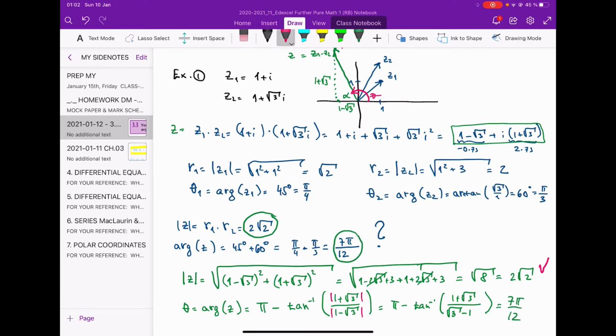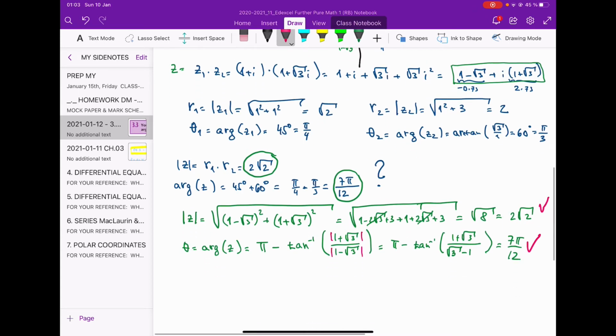Okay, that means the rules that we introduced are correct and they really do work, and you can see it. So when you multiply two complex numbers, the modulus of the product is the product of the two moduli, and the argument of the product is the sum of the arguments, right?